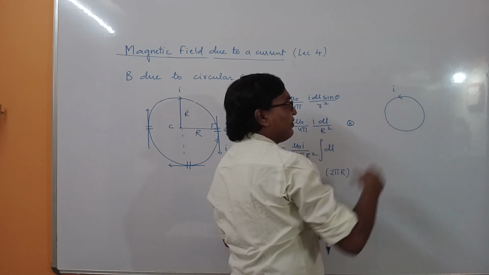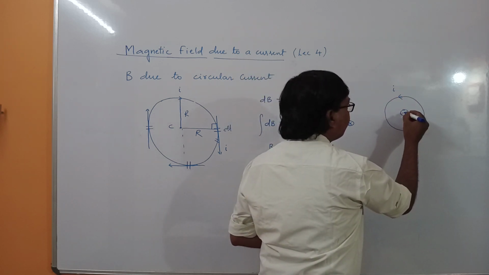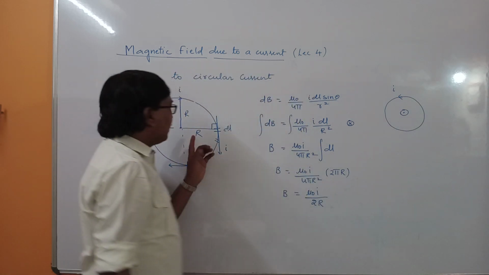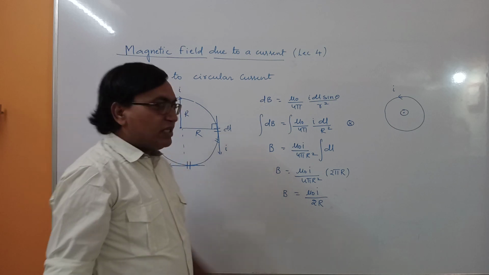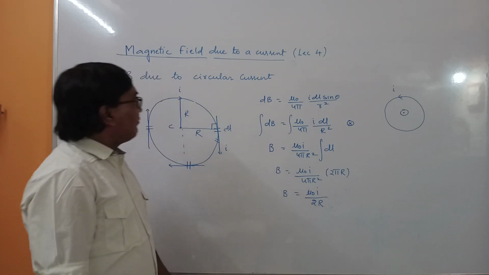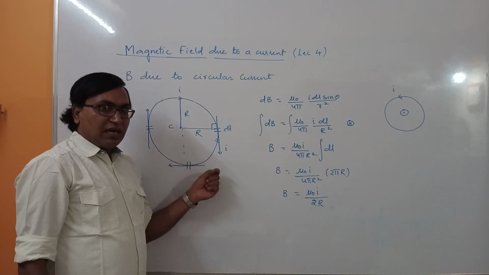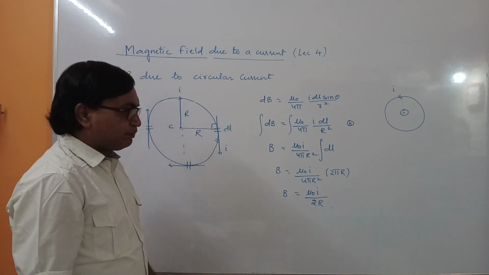So here the magnetic field is outside the board at the center, and here the magnetic field is inside the board. So this equation will give you the magnetic field due to a circular current at its center.